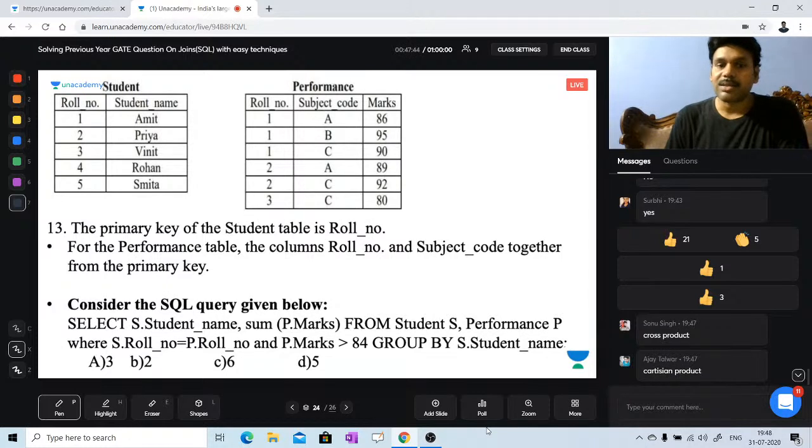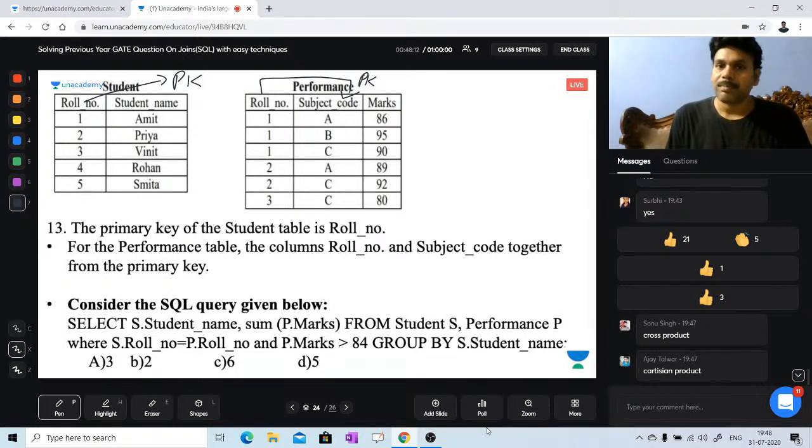So, understand this. There are two tables, student and performance. The primary key of the student table is roll number, and the roll number and the subject code together are the primary key here.